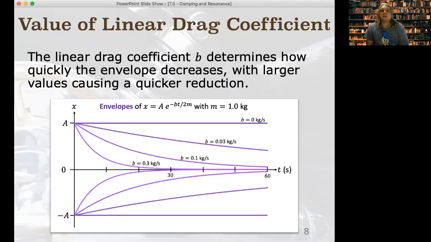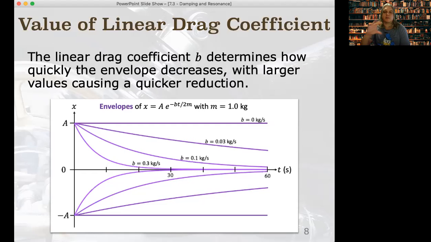By varying that drag coefficient b, we get a quicker decrease in our envelope. So I've removed the actual oscillating path, and I've just included the envelope now. We've got the straight line, b equals 0. So when we've got no damping, then our cosine term never gets any smaller. We have simple harmonic oscillation, and our envelope is just a straight line that goes on forever and ever. But as soon as you have any drag coefficient, we start to get some damping.